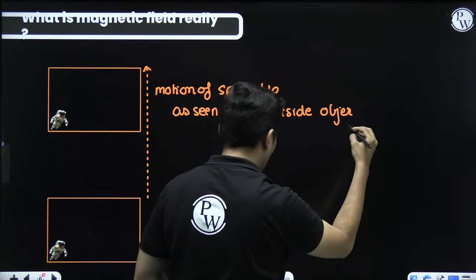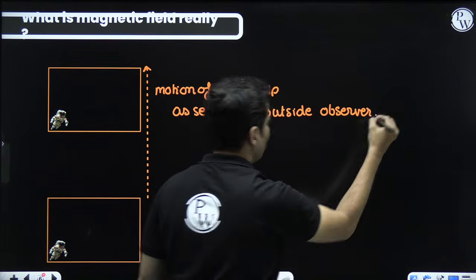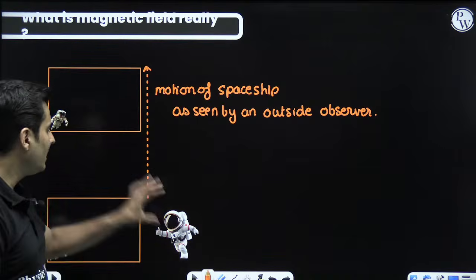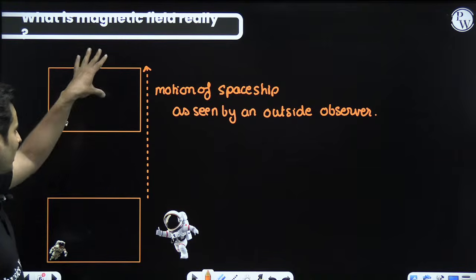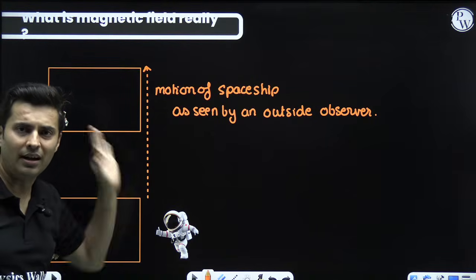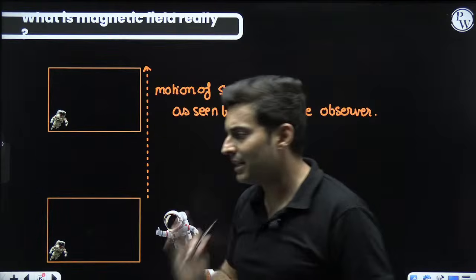And who is our outside observer? I've just shown it over here. This is our outside observer. He is seeing that the spaceship is moving like this. His friend is inside the spaceship making his independent observations. Till this point, everybody clear?